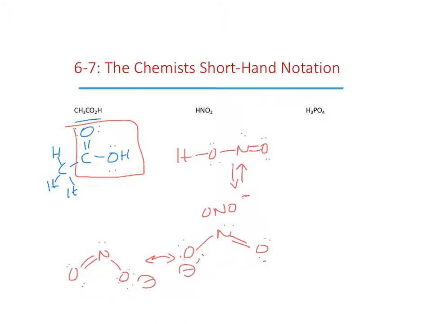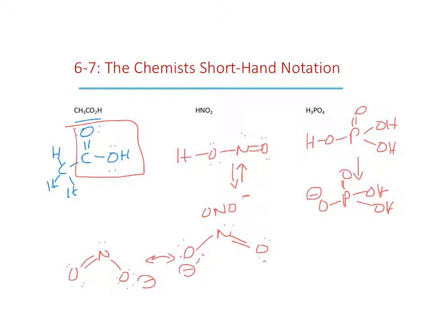And then finally, I've drawn this one already, so we have H, O, P, O, OH, OH. This undergoes deprotonation to form O minus, P double bond O, and then two hydroxides. And now, of course, this lone pair can be delocalized through the phosphorus oxygen, making another resonance structure. But we don't stop there.